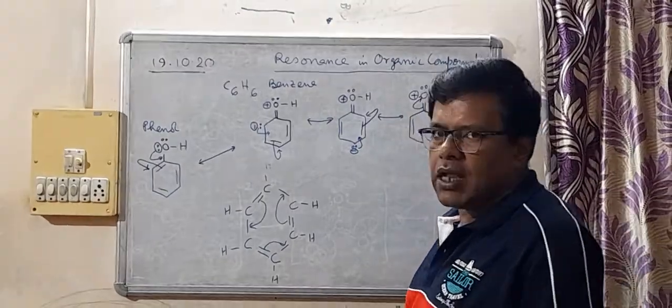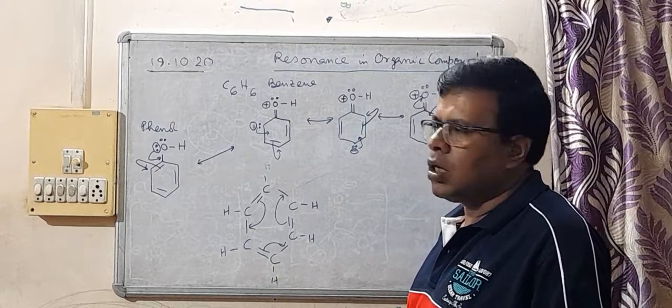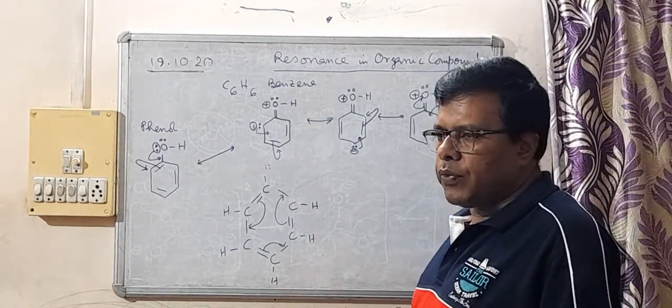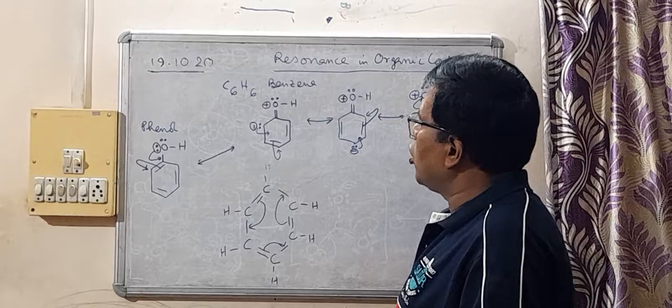We have discussed valence bond theory for covalent bond formation. We have another theory, that is molecular orbital theory.